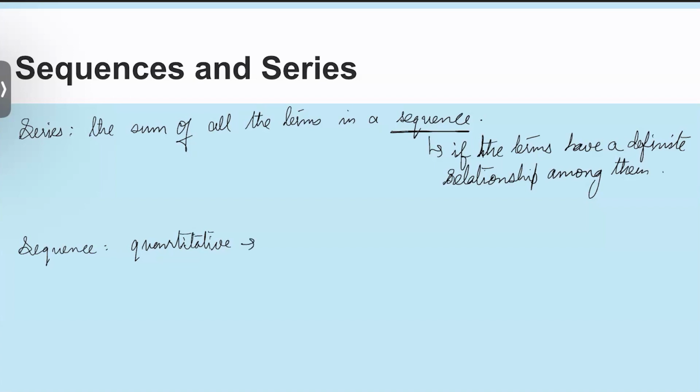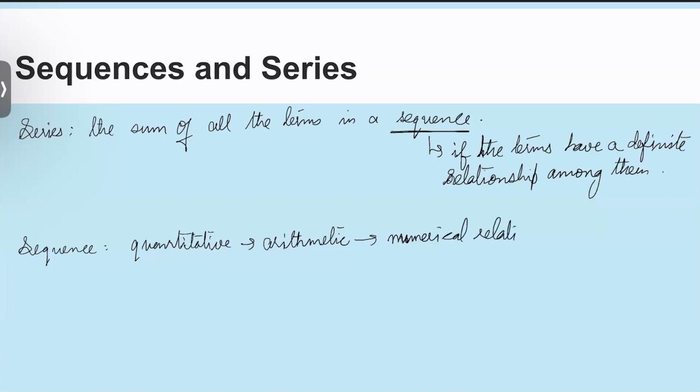So that means mostly we'll have arithmetic types of sequences. Okay, so arithmetic means mostly numerical relations.